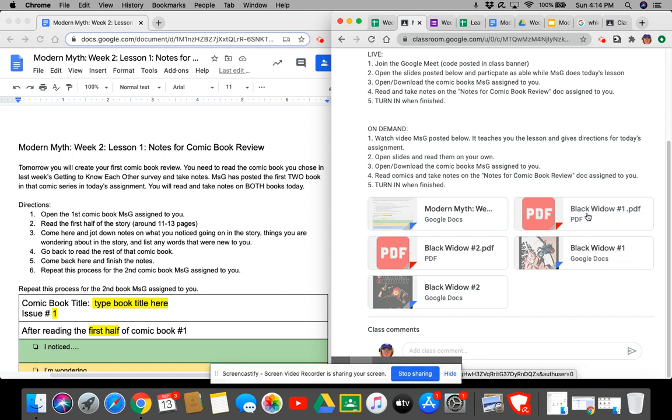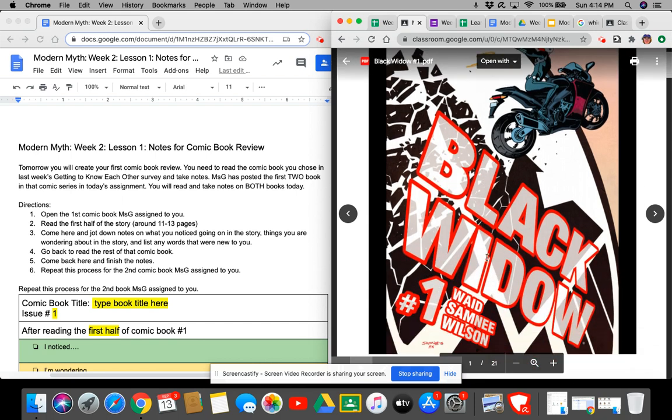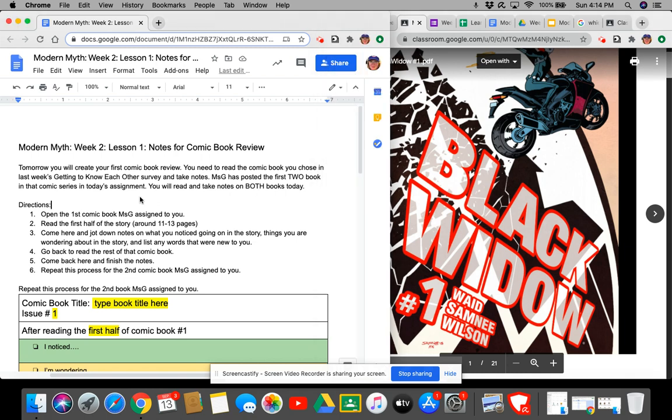So if you get the can't be opened message when opening the PDF, just go ahead and open the Google Doc. It's the exact same. So you'll see I have my screen set up side by side. And I've just opened up Black Widow 1 on PDF. It opened for me, so that makes me happy. So if you look along the bottom here, it tells you how many total pages are in this comic book today. So there's 21. That's an important number to remember.